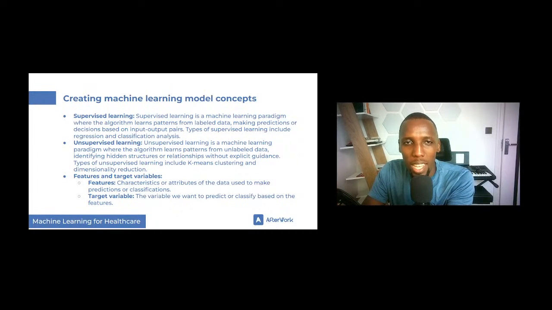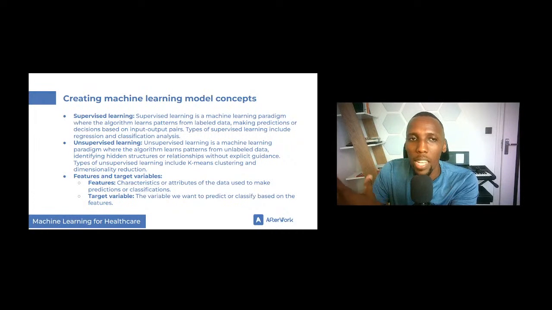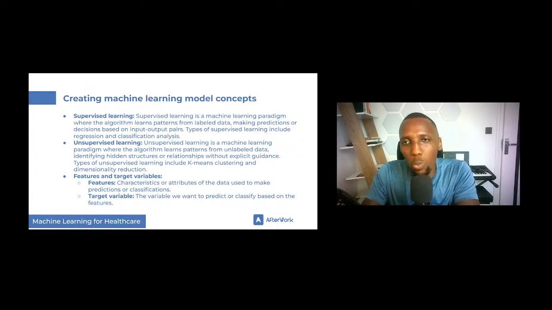So that's why we say unsupervised learning is a type of machine learning that involves a model that learns from unlabeled data sets. There's no label, no target variable or dependent variable, and it identifies hidden structures or relationships without guidance. And there are different types of unsupervised learning.